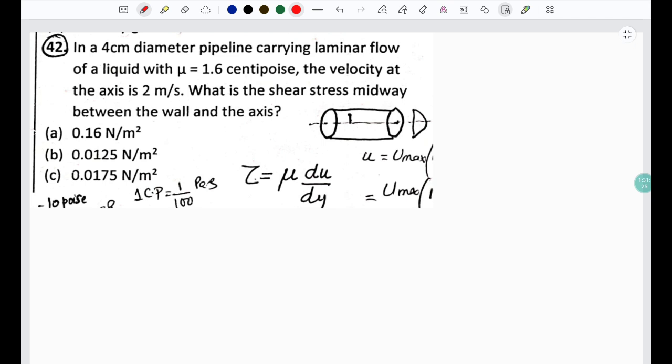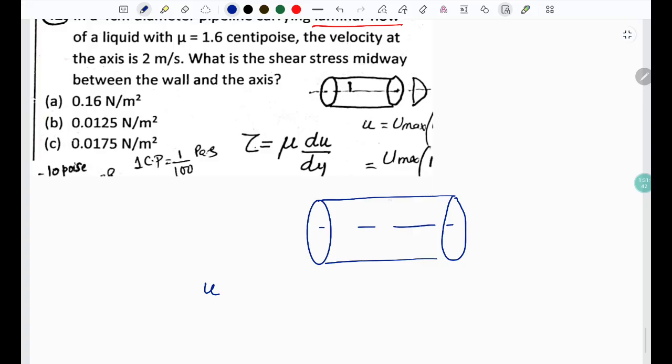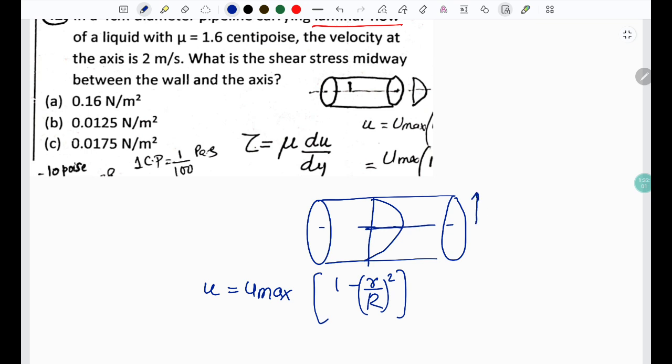We know that in a circular pipe, in a laminar flow, U, the local velocity, is given as U max times bracket 1 minus r square by R square, where small r varies from r equals to 0 to r equals to R, where it is 0.